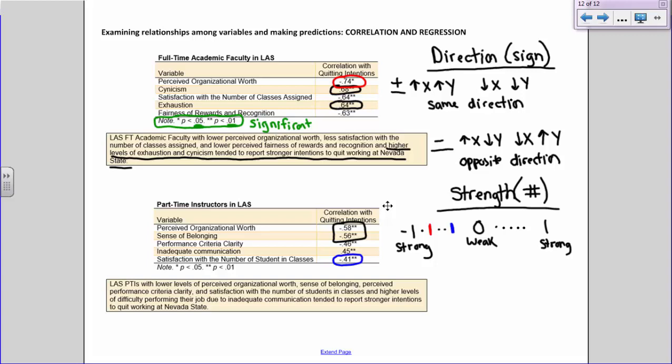Now, regression allows you to make predictions. So I could predict how likely someone is to quit based on either one or all of these things added together.